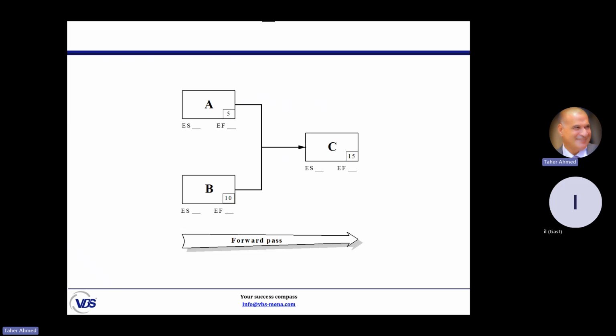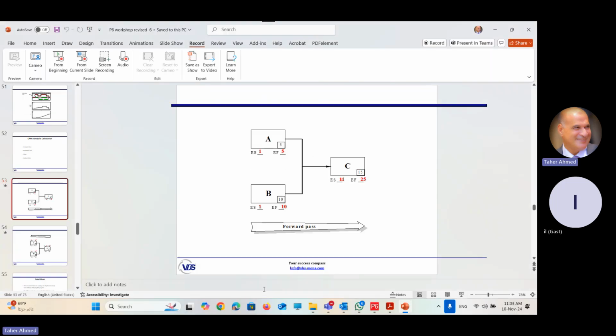So the aim of the forward pass is to generate 2 dates for each activity. Early start is the earliest possible date the activity can start on. Early finish is the earliest date the activity can finish on. How can we calculate it? There is a formula to calculate it. I will write the formula now, keep it in your record.